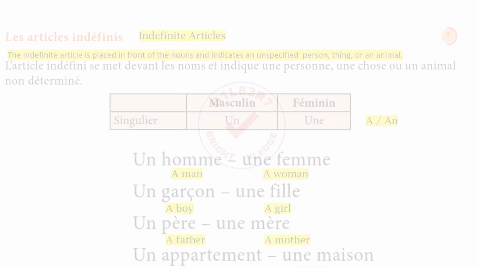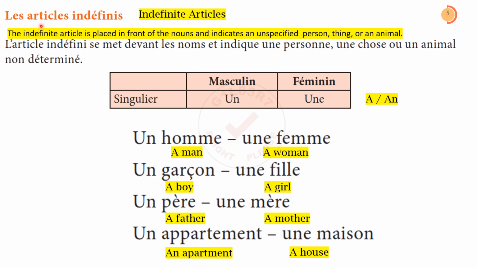The next topic here is les articles indéfinis, indefinite articles. We are going to discuss a or an. These indefinite articles are placed before the noun, and they indicate an unspecific person, thing or animal.